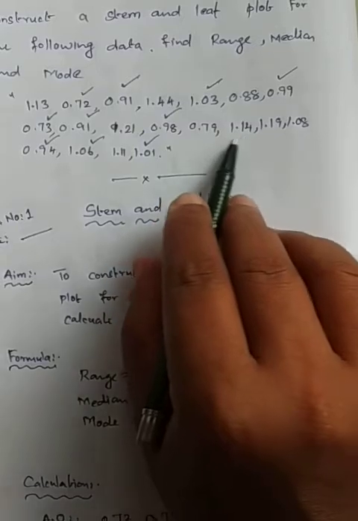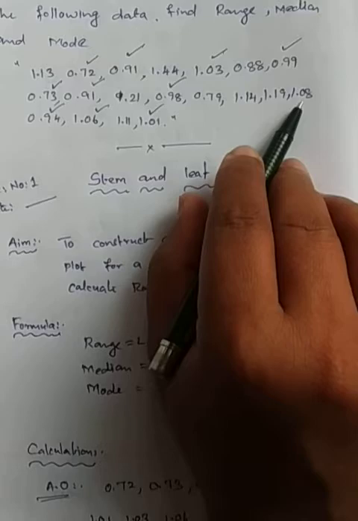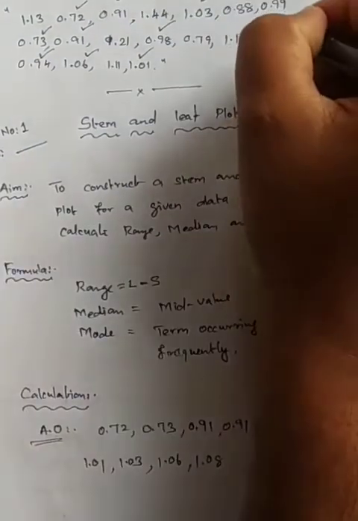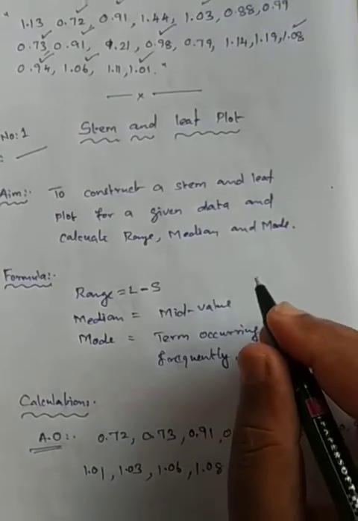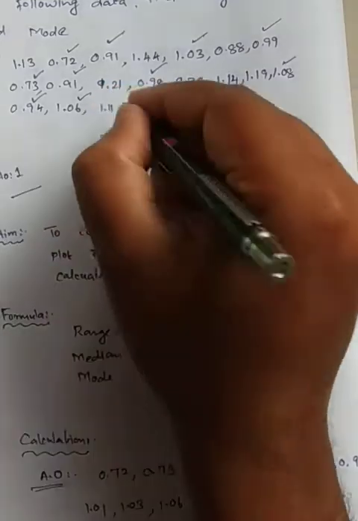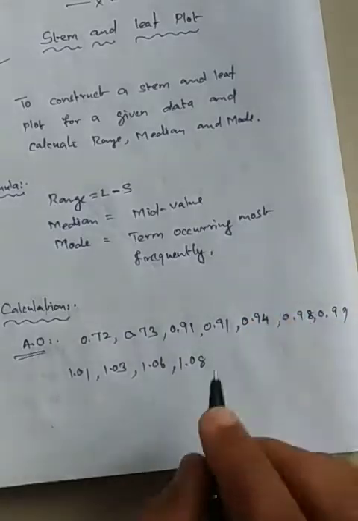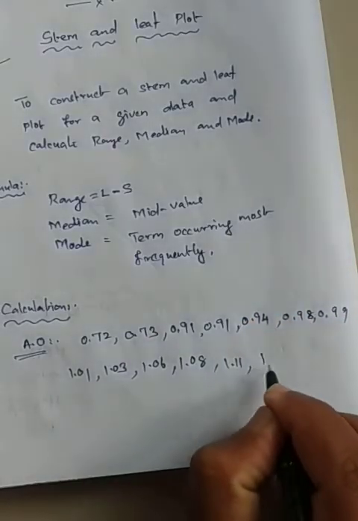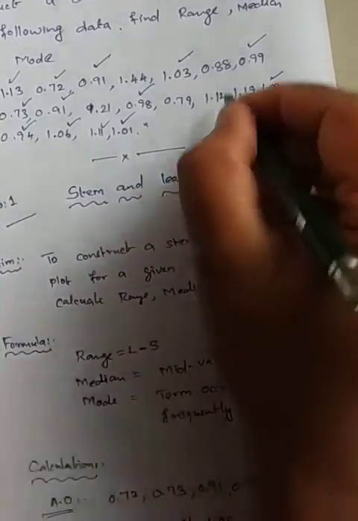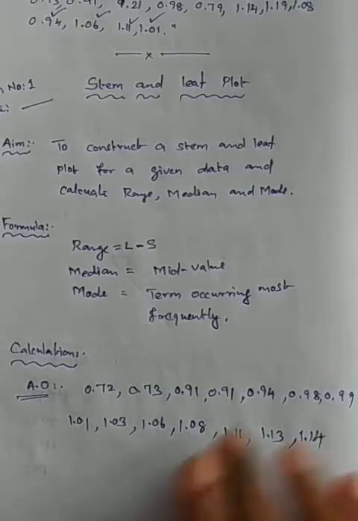Then anything else here? 1.14 and 1.19. Before that one, 1.08 is there. Then after 1.11, somewhere 1.13 is there. So this is 1.11 and 1.13 written, and after 1.13, 1.14 is there. So that's why 1.14 we will write.